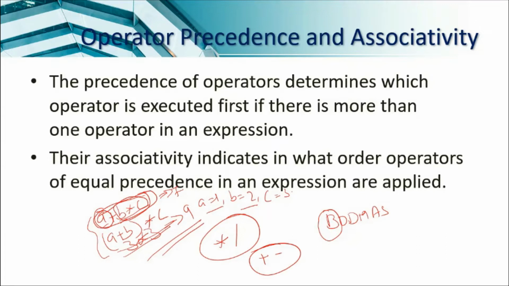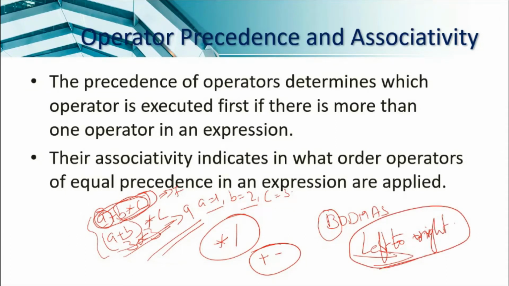Normally the associativity tells the order in which these operators appear in an expression, like from left to right. That is, the operator coming on the leftmost side of the expression will be executed first. That is the associativity.